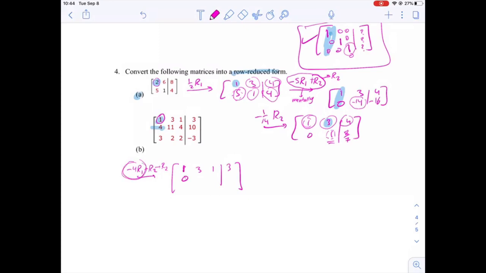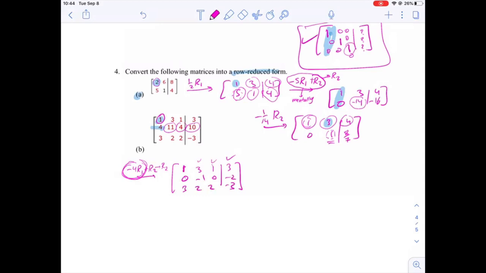Now negative 4 times 3, negative 12, plus 11, negative 1. Now negative 4 times 1 plus 4 is 0. And negative 4 times 3 is negative 12, plus 10 is negative 2.